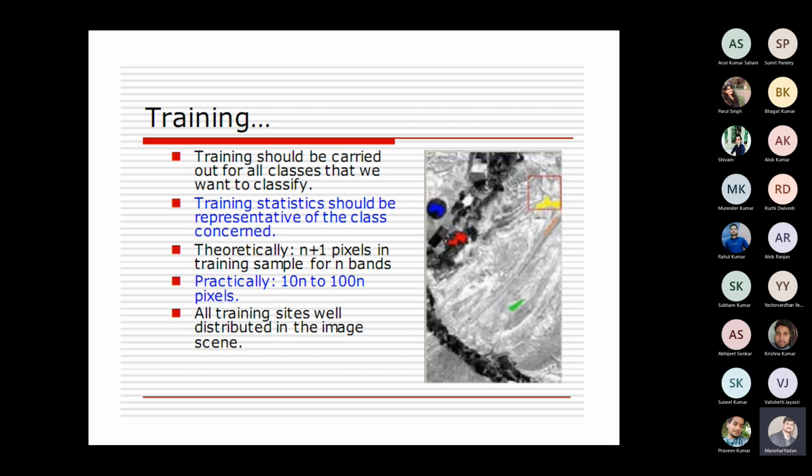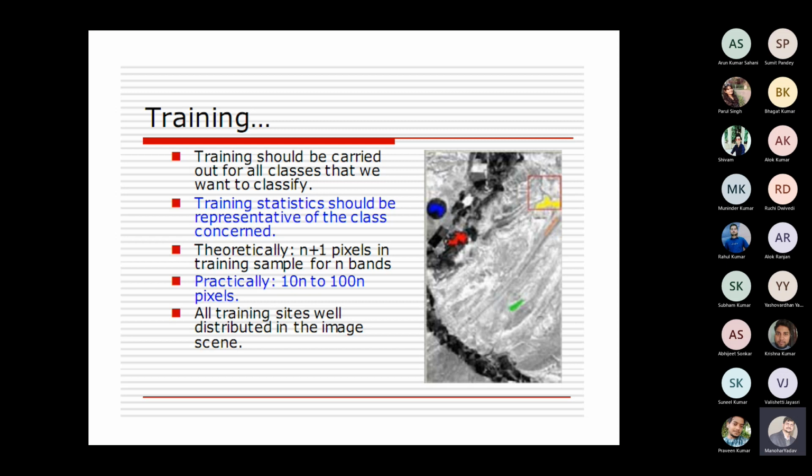We have already seen the statistics of images. There are various parameters like mean, variance, standard deviation, mode, median, covariance matrix, correlation coefficients. All these are the statistical representation of training samples of various classes.